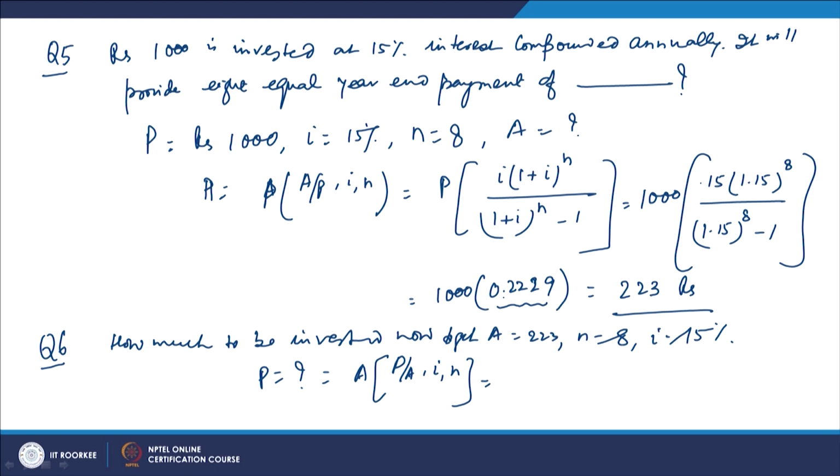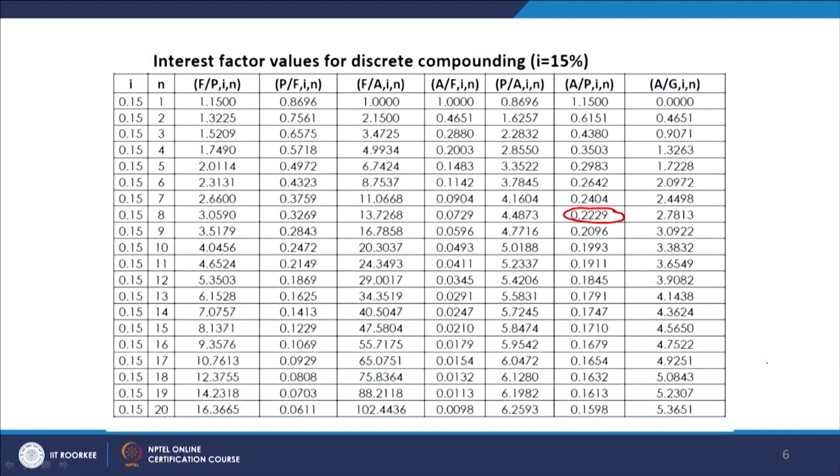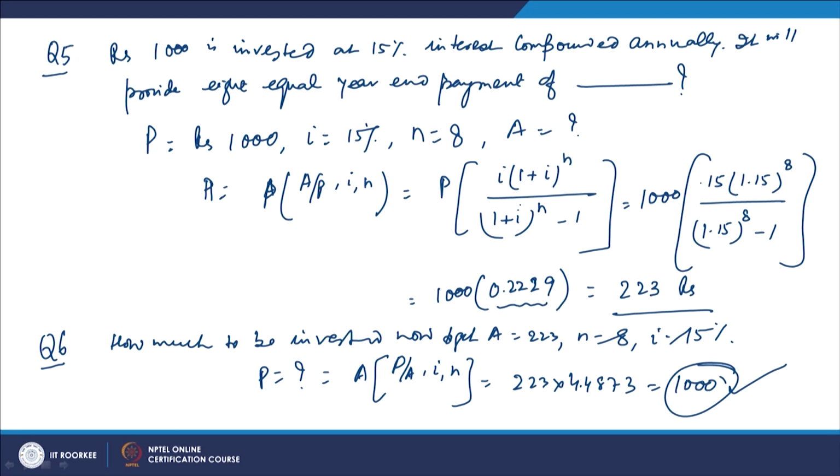Once you multiply 223 with 4.4873, it will give you 1000 rupees, since this is the reciprocal. You can also see that P by A, i, n is 4.4873. Basically, this is how you make use of such factors to get the values calculated.